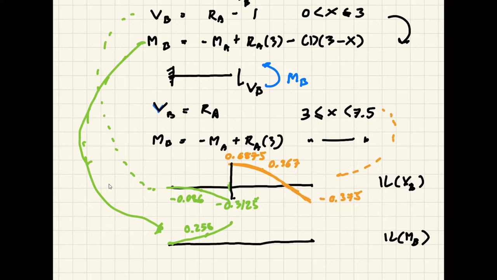This is 0.9375, and then we have the orange. Again, that is straight from this. This is 0.4 exactly, and this is minus 0.3750. That's it, ladies and gentlemen.